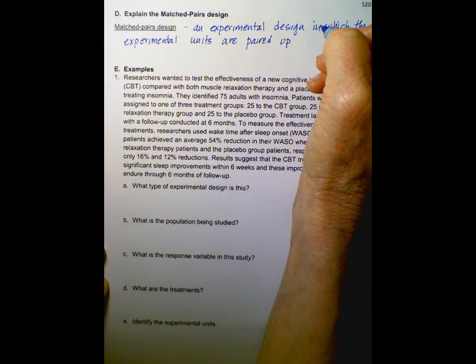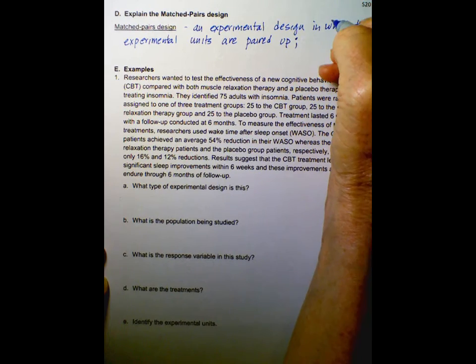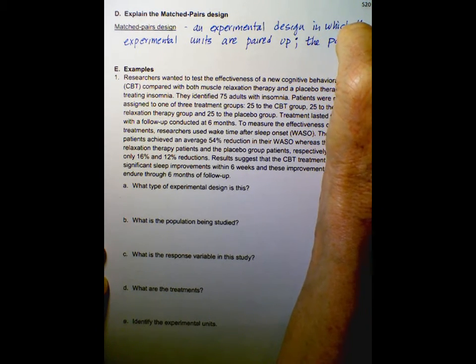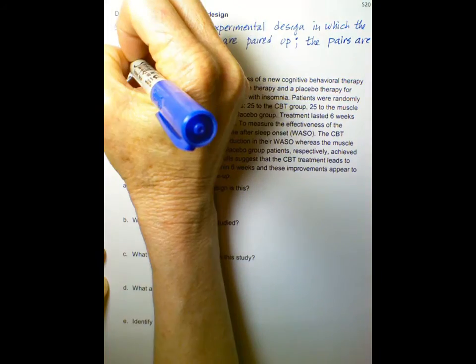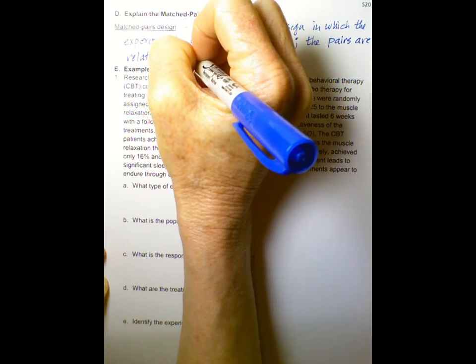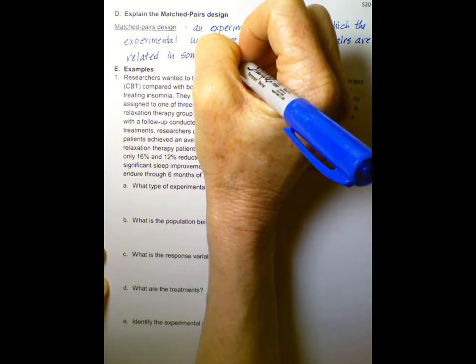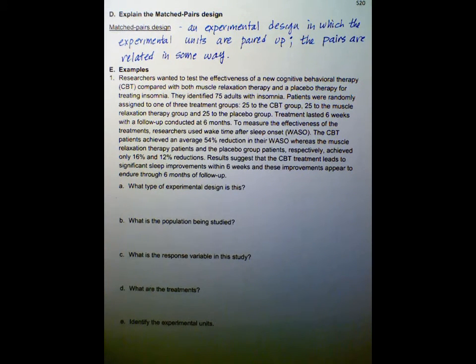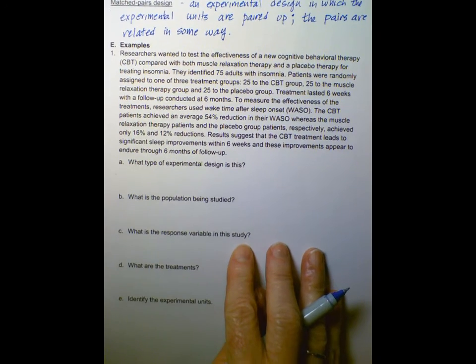And I'm going to put a little semicolon and mention that the pairs are related in some way. So if you were studying maybe mothers and their children, you may have each mother paired with her child as you collect the data, that sort of thing. So let's look at, in E, some examples.